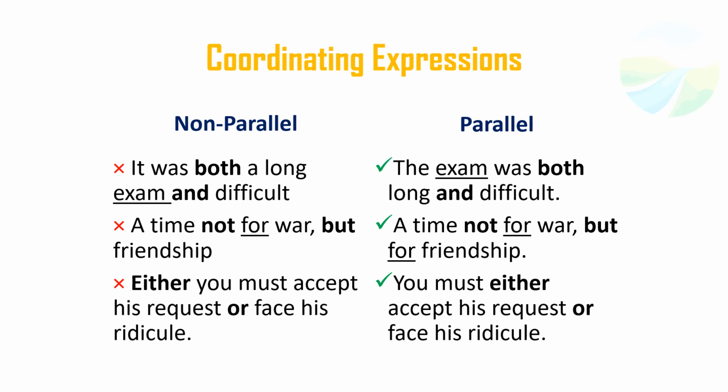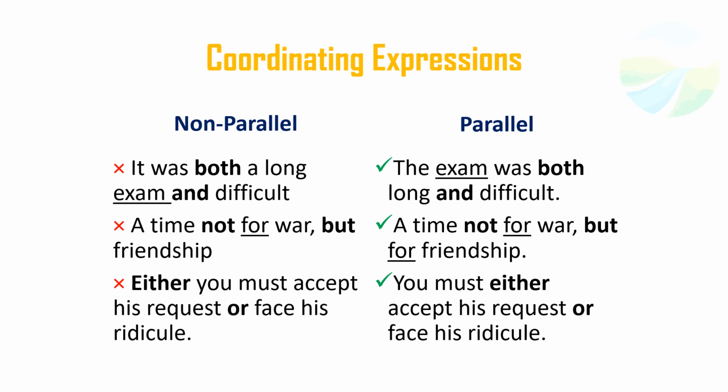In the first example, the word both is followed by a noun phrase, while the word and is followed by an adjective. This may be corrected and made parallel by moving the word exam to the position of subject and leaving just the adjective long after the word both. Now both words of the coordinate expression, both and, are followed by an adjective, so the same part of speech.